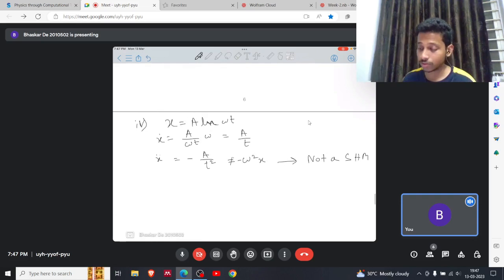So in this way, if an equation of motion is given, then we can verify whether it exhibits simple harmonic motion or not.